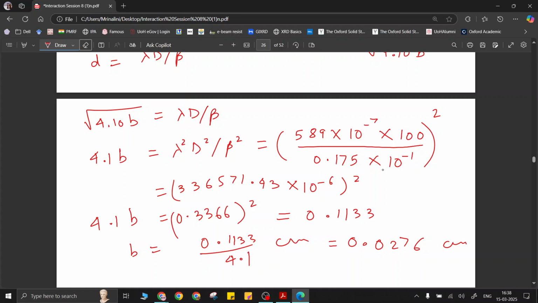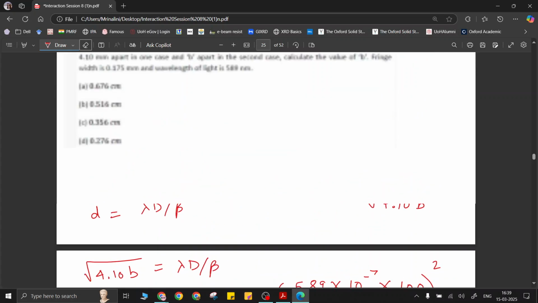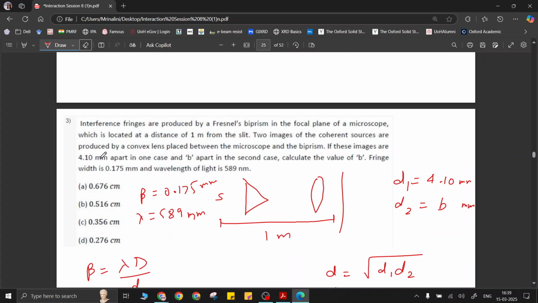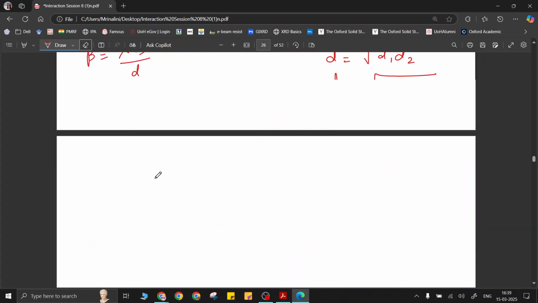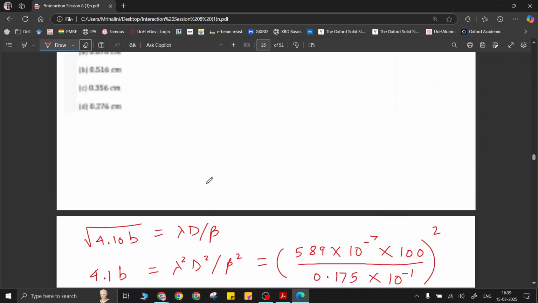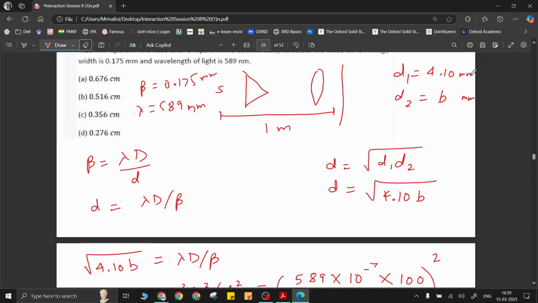Is there some mistake we did somewhere? For this 100, had I multiplied or not? I think I did. Did we make a mistake here? This 4.10 was in millimeter, I'm sorry. This 4.10 was in millimeter, which means if I convert it into centimeter, it will be 0.41 centimeter.